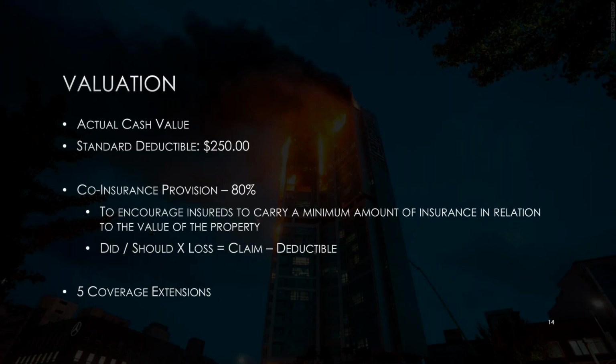You need to know why insurance companies want you to carry at least 80% of coverage to the value of the property. And that's this first bullet here, to encourage insureds to carry a minimum amount of insurance in relation to the value. And if you underinsure using this equation, you're actually going to have to pay more of a claim. That's the penalty for insuring for less than what the insurance company is requiring you to carry.